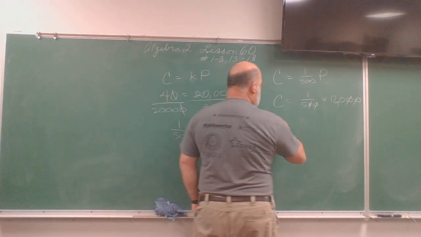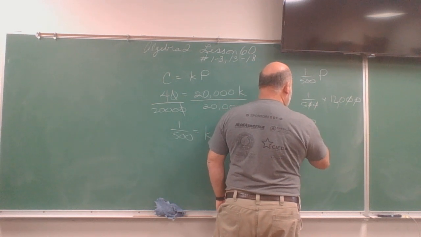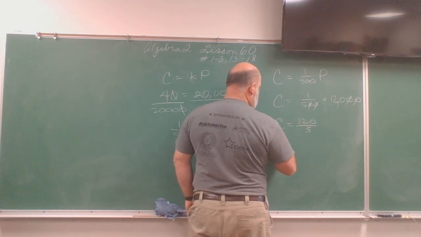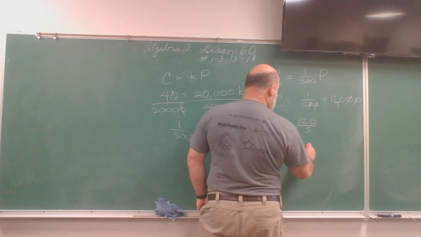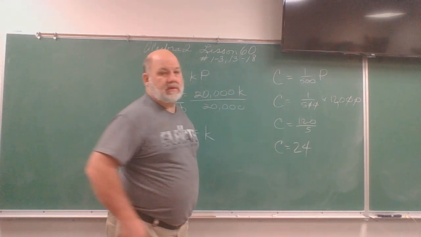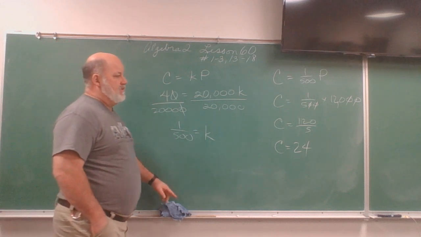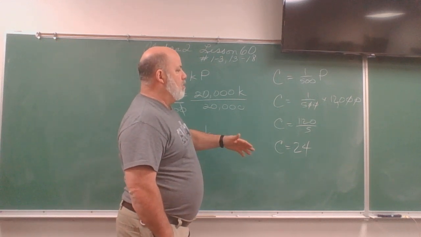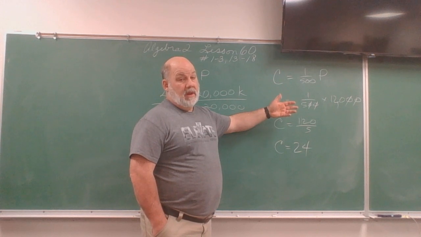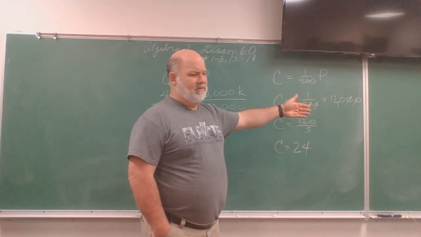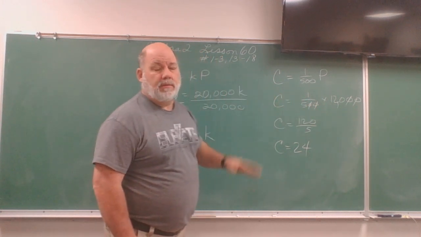Because this gets multiplied out, 120 and 5. That's 24 clowns. Is that right? Yeah, that's correct. They could have said how many performers were there when there were 12,000 clowns. And that'd be too many clowns. That'd be 500 times 12,000, but we're not going into that.